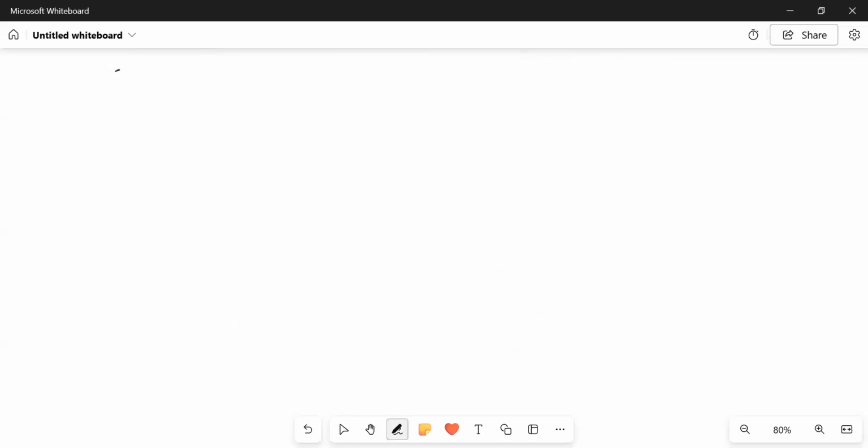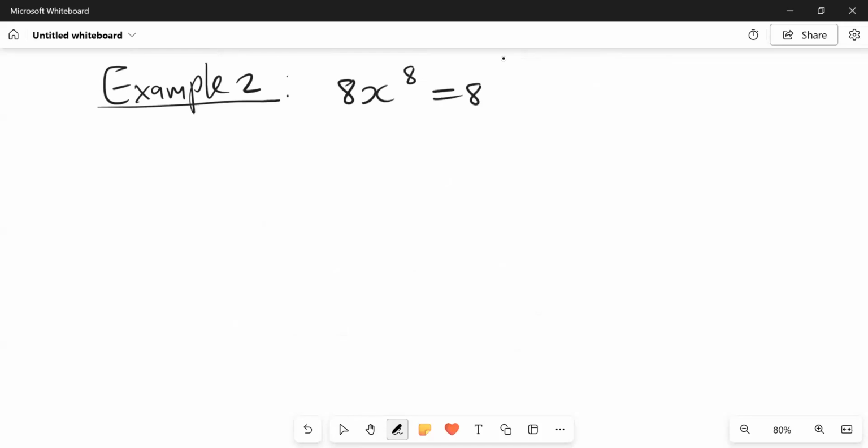So example 2. We are still factorizing, we are still solving for x, but now we are given 8x squared equals to 8, right? So that's not a problem.